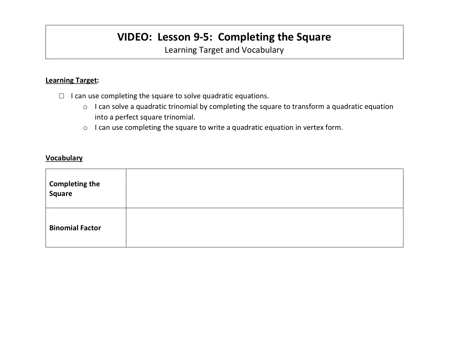All right, so completing the square, what is it, right? So it is a method used to take x squared plus bx and create a perfect square trinomial, which can then be factored.